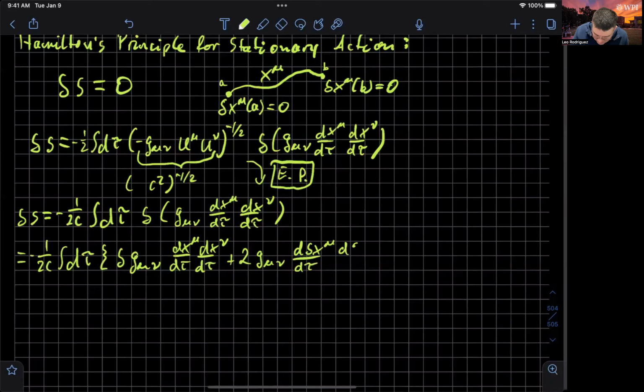It'll just be dx mu. Since the metric is symmetric, we can just write this like that. Okay.